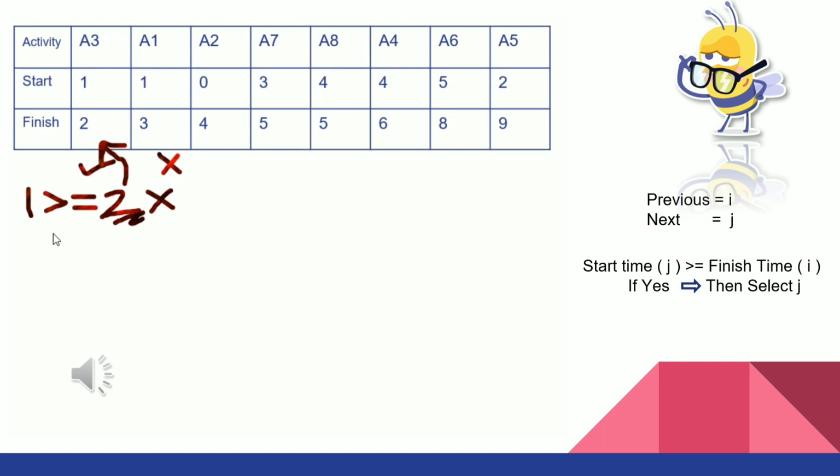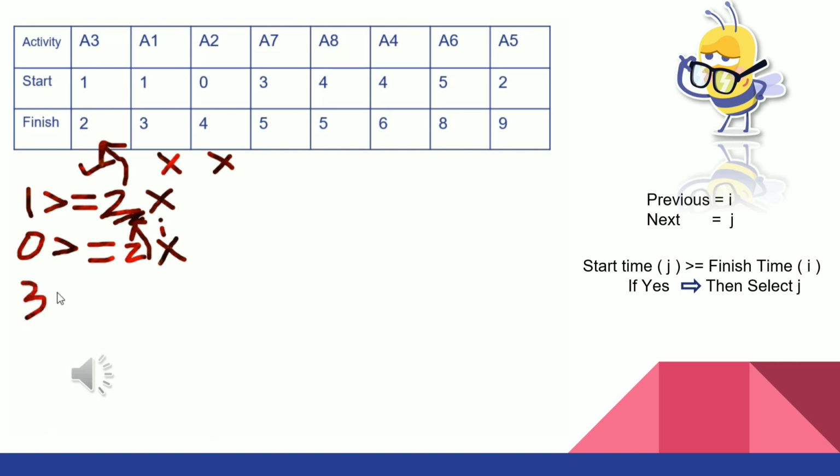Moving on to the next activity, A2: 0 greater than or equal to 2. It is also false, and this activity is also rejected. Here we have to note one point: we are choosing the previous finish time 2 again here, because only if the condition is satisfied should we select the new finish time; otherwise we keep the earlier finish time.